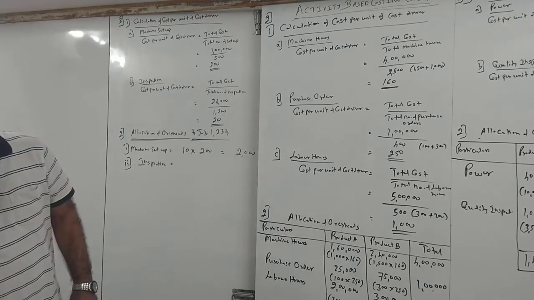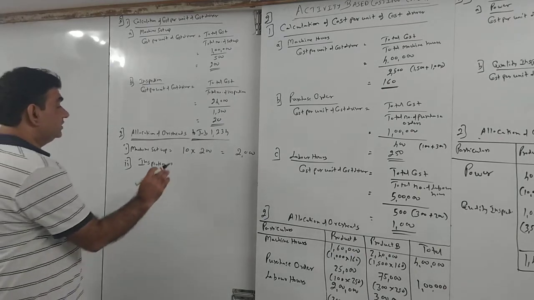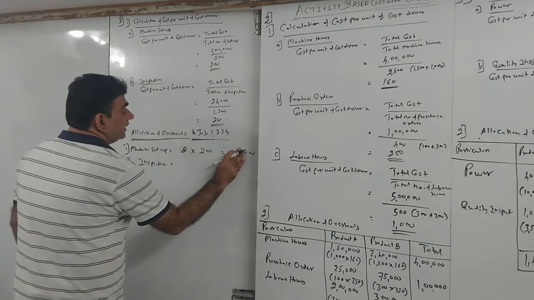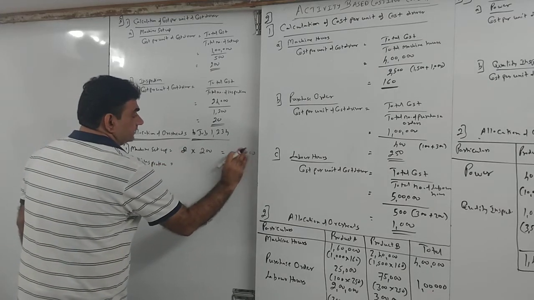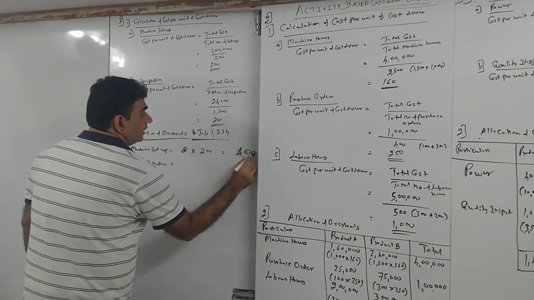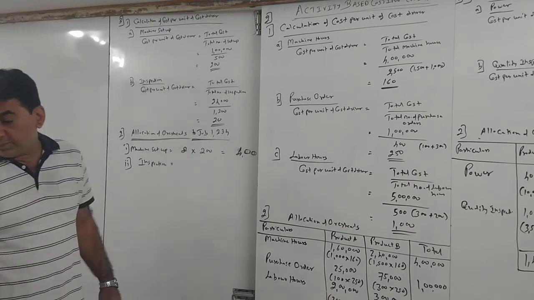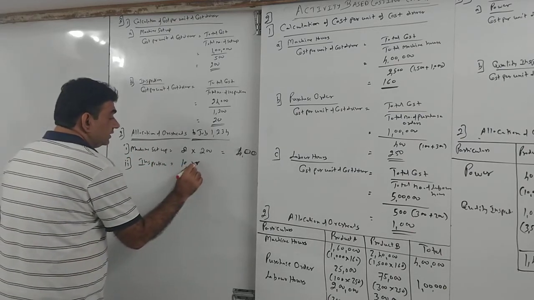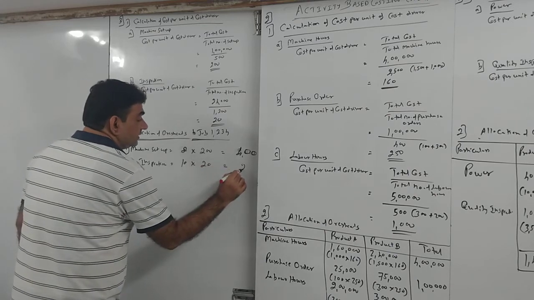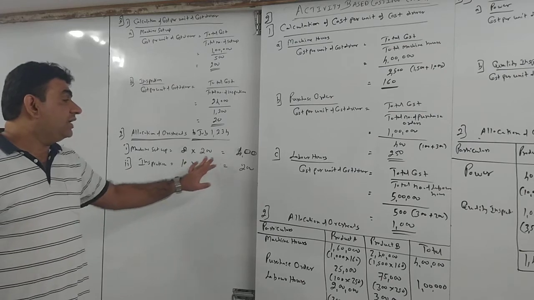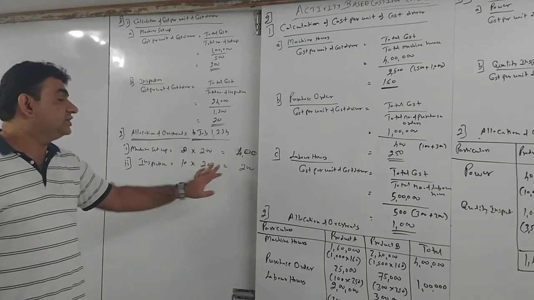How many inspection they are giving? Sorry. This was machine setup is 2. So 2 into 200. That is 400. And inspection is 10. Sorry, I interchanged. So 10 into 20. That gives you 200. So machine setup ka allocation 400 and inspection is 200.